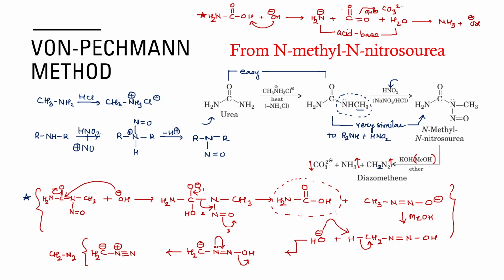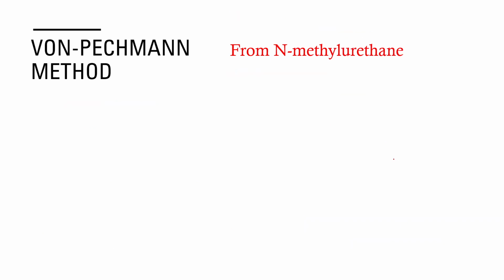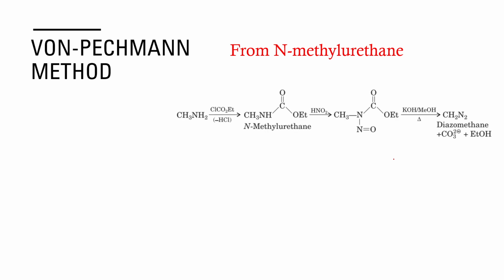एक होता है जहां पर कि N-methyl N-nitrosourea से हम diazomethane create करते हैं. Another one is where we use N-methylurethane. What is N-methylurethane? So what you do is you take primary amine and react it with chloroester.